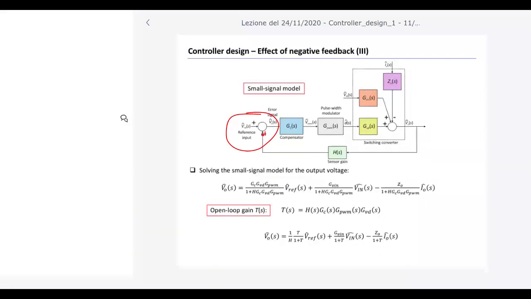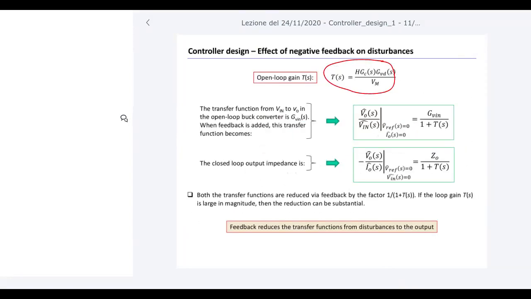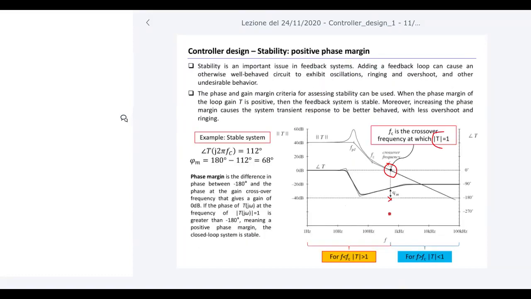So in that situation, you do not have a negative feedback loop, which is the loop in which you compare the reference and the output with the minus sign, but with a plus sign. For that specific frequency, in which the loop gain has a magnitude of 1 and the phase is 180 degrees, you get a positive loop.